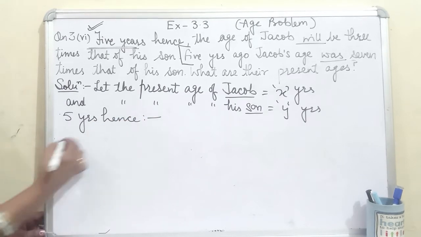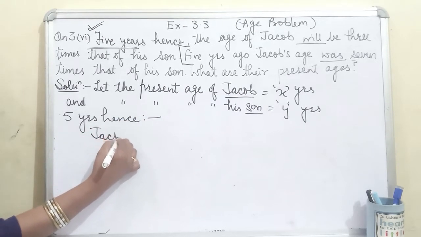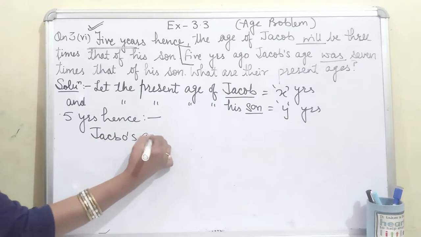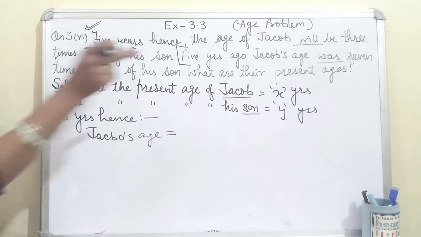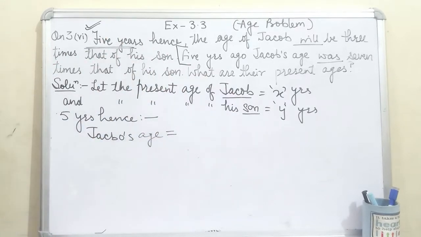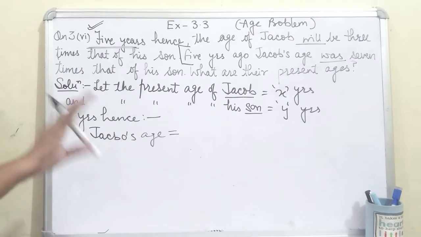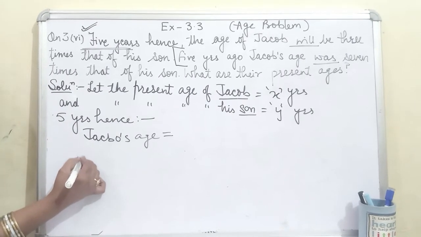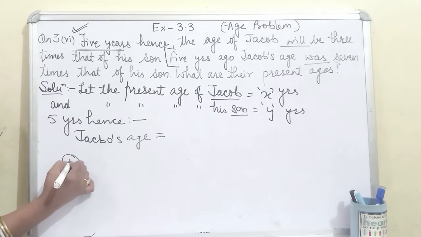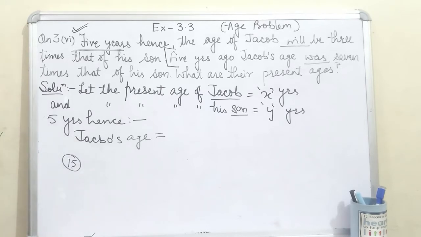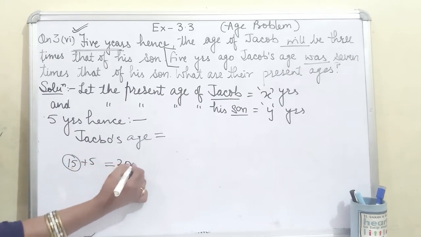After 5 years, Jacob's age will be, you will tell me. If the present age of Jacob is X years, what will be the age of Jacob after 5 years? Suppose I'm giving you the example. If you are of 15 years now, as you're in 10th class, so after 5 years, what will be your age? After 5 years, your age will be 20.